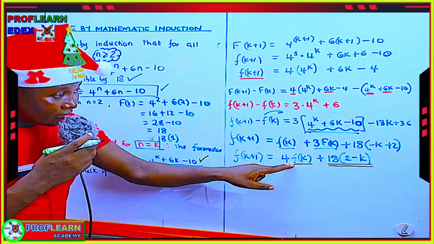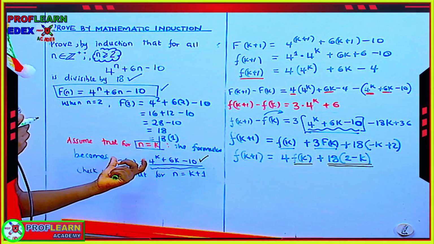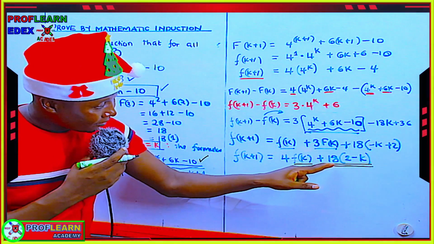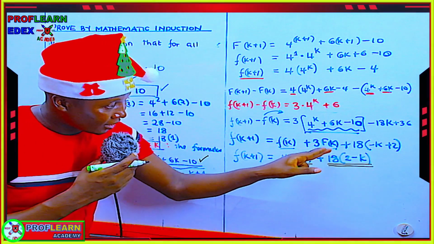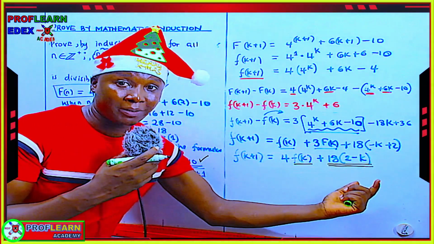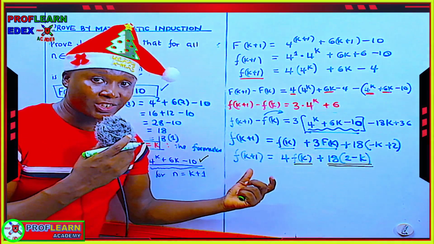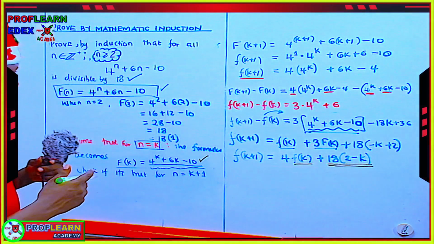Since f of k is divisible by 18 from the assumption stage, and this second term we are having here is also divisible by 18, then it means the entire expression is divisible by 18. So meaning that f of k plus 1 is also divisible by 18.